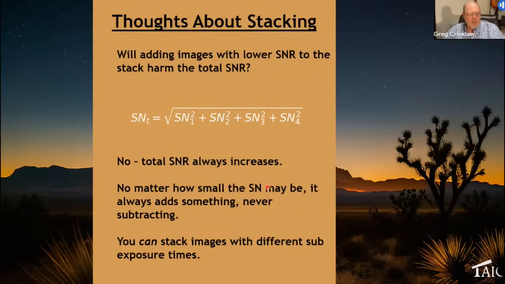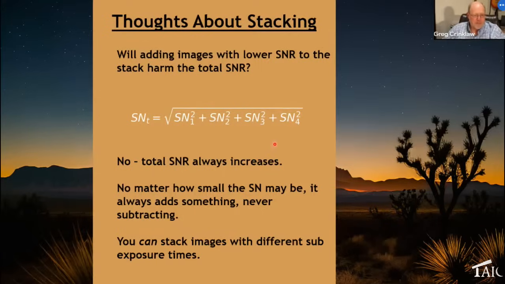We saw that formula earlier. This is the actual formula for stacking images. We take the signal to noise ratio of the first image and square it, the signal to noise ratio of the second image and square it, etc. Add all those up and take the square root. So in this case, each signal to noise ratio could be different.